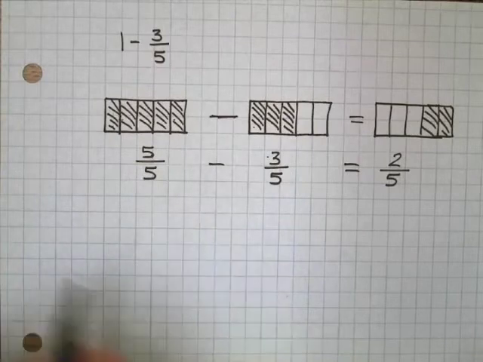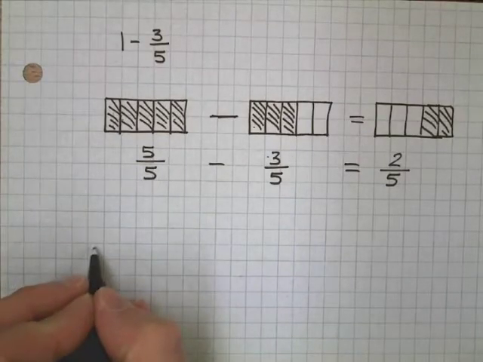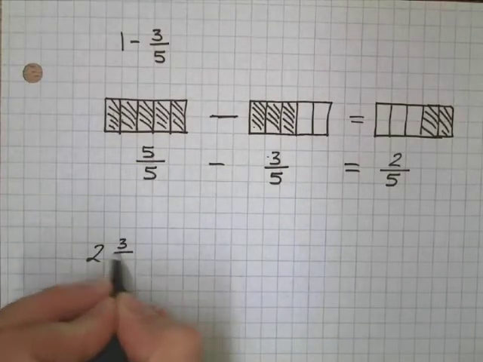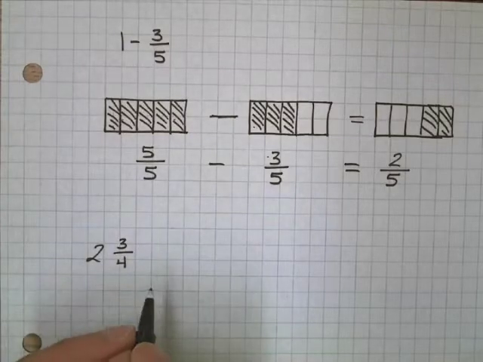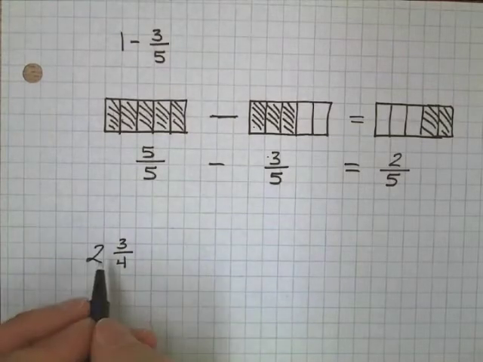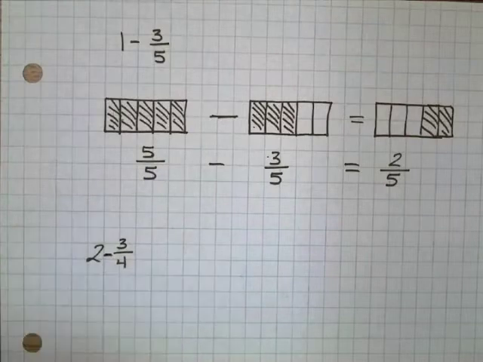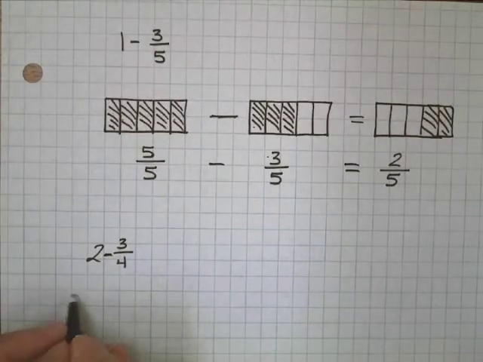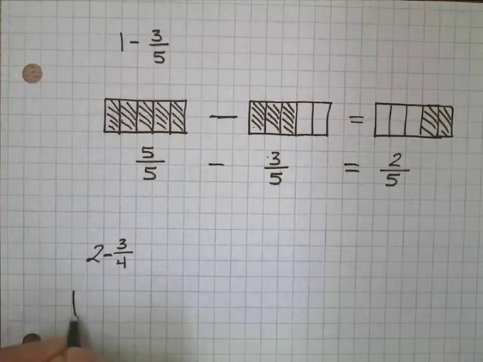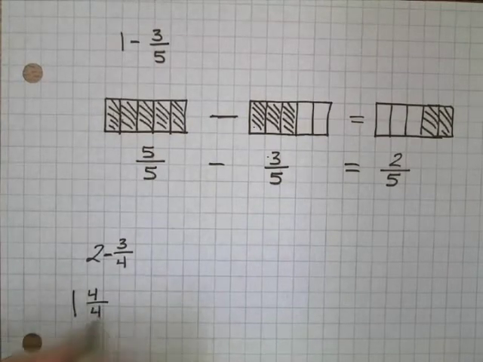Another example might be if I had, let's say, 2 and 3/4, and I'm subtracting, actually, 2 minus 3/4. Let's do that. 2 minus 3/4. Well, I can take one of those wholes and turn that whole into fourths.